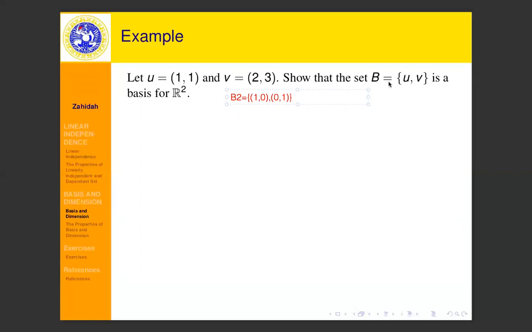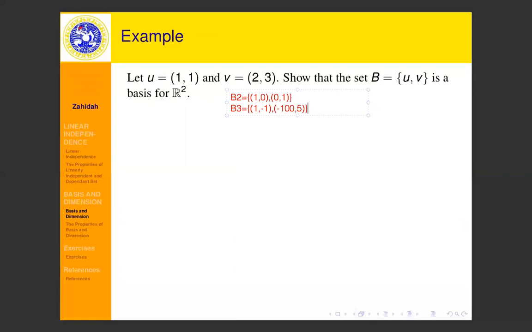We already found 2 bases in R2. Still, there are many other bases. If I write this as B3, maybe I can write (1, minus 1) and (minus 100, 5). This is also a basis for R2.